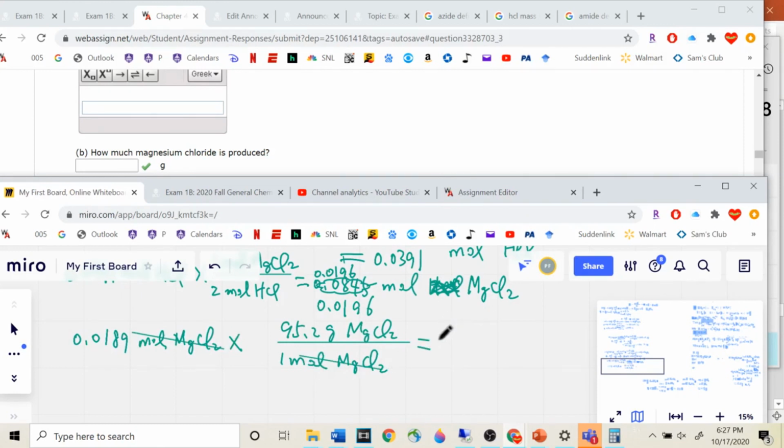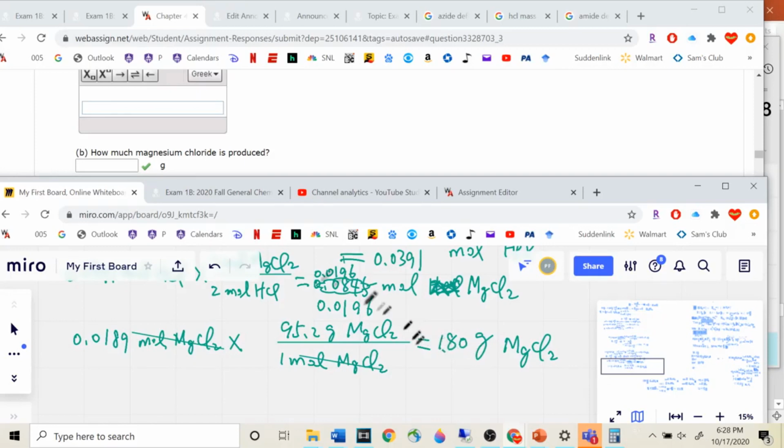That should give us 1.80 grams magnesium chloride. So I keep 3 sig figs.